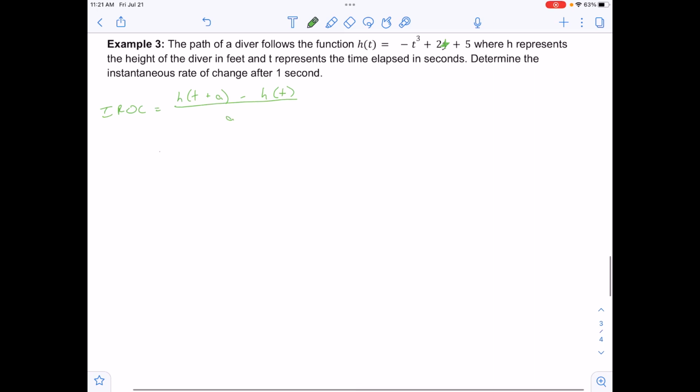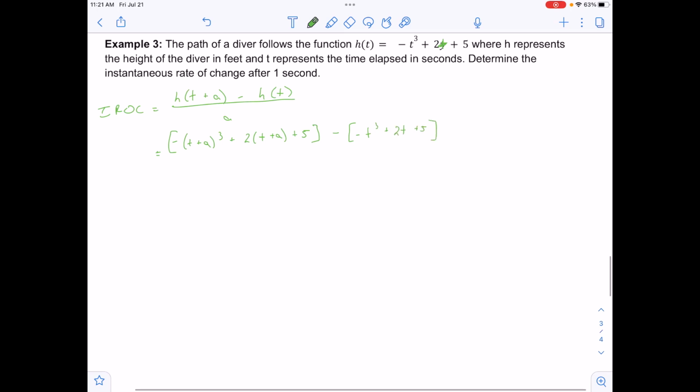In this case, it's going to be -(t + a)^3 + 2(t + a) + 5, subtract the original function, -t^3 + 2t + 5, all divided by a.